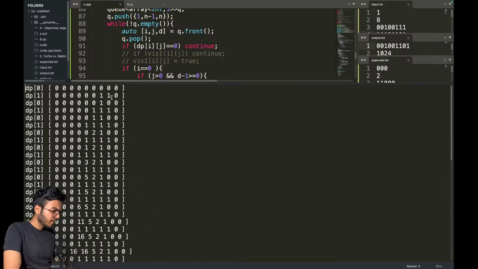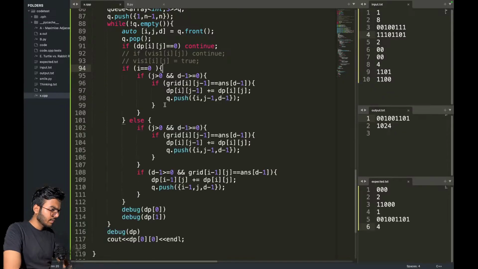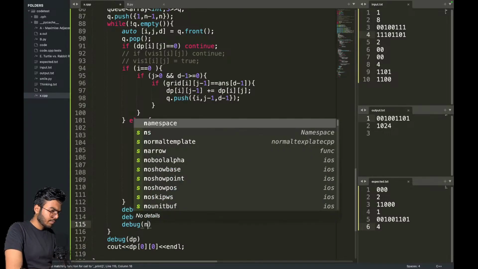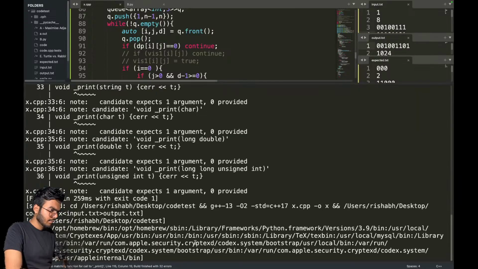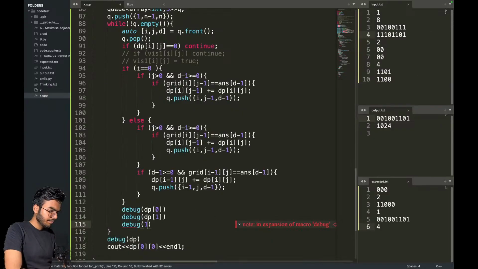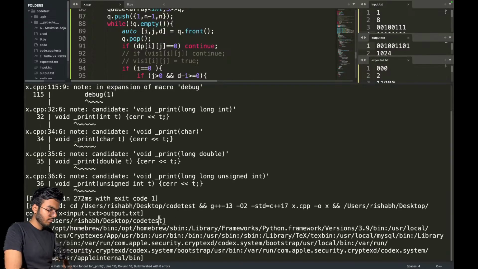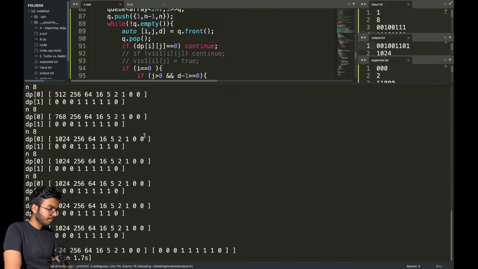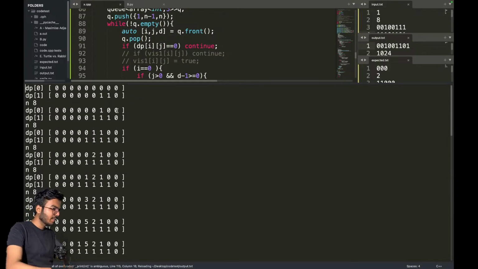So initially it was like this. Just to make some space I wrote that.